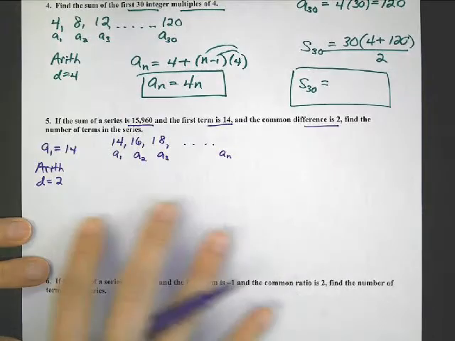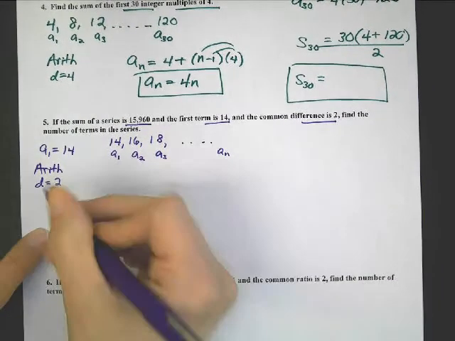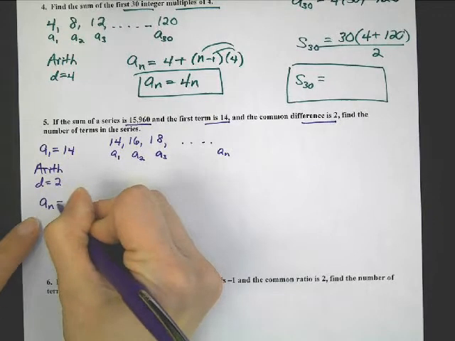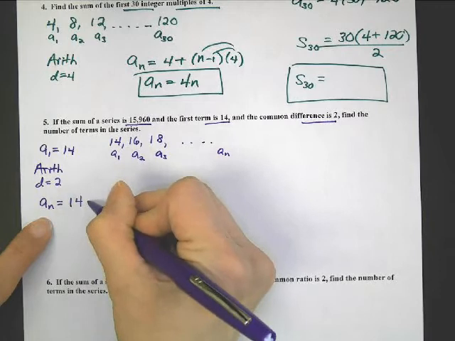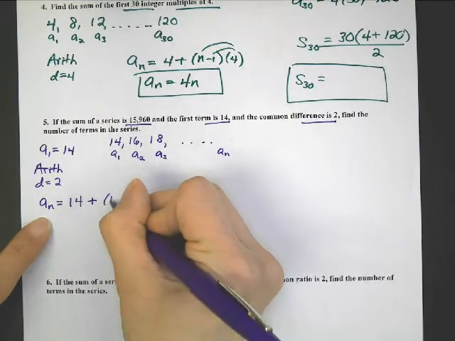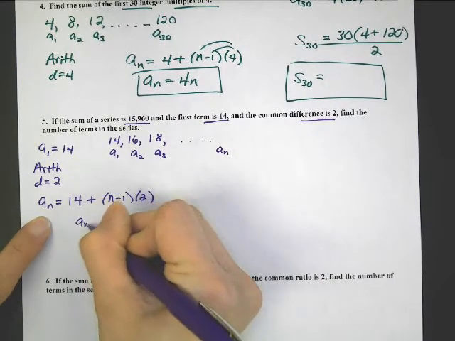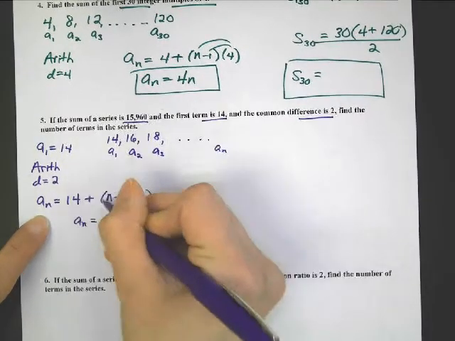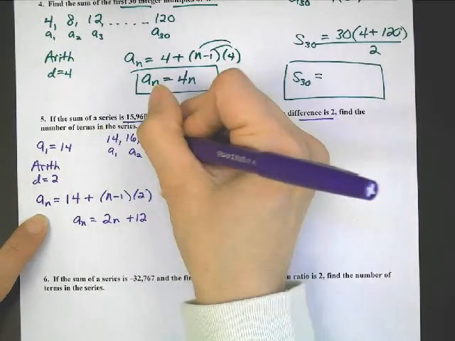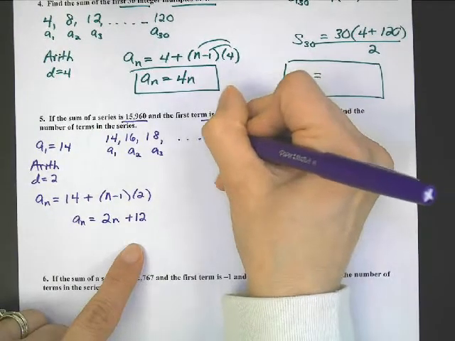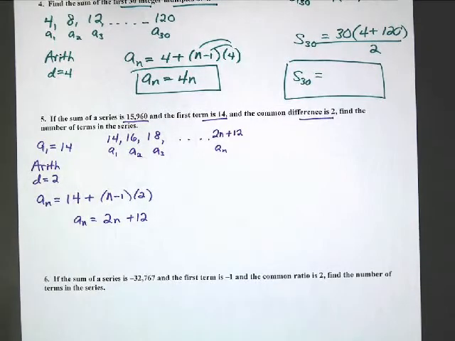The best thing to do is just start making as many formulas as you can and things will start to click. A sub n is a1 plus n minus 1 times d, and I know the d is 2. So I will clean this up and get 2n plus 12.